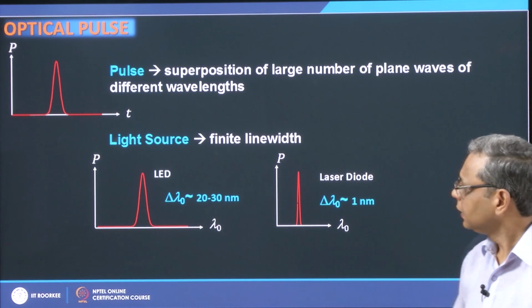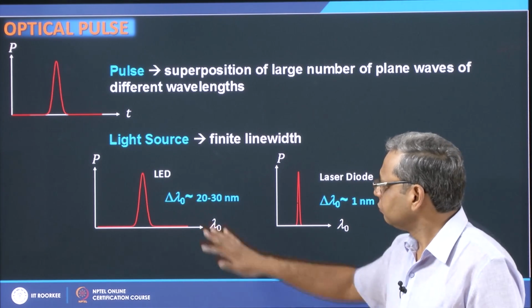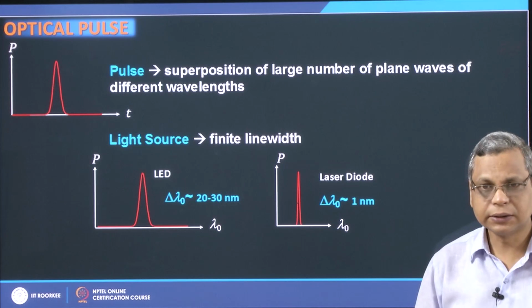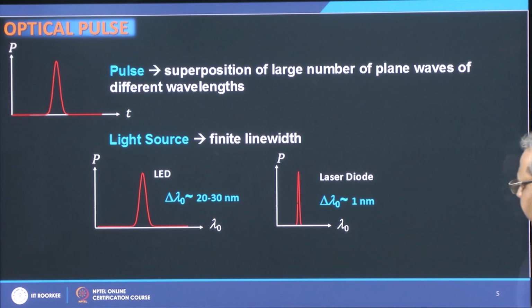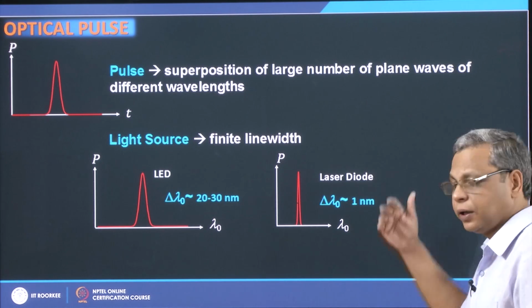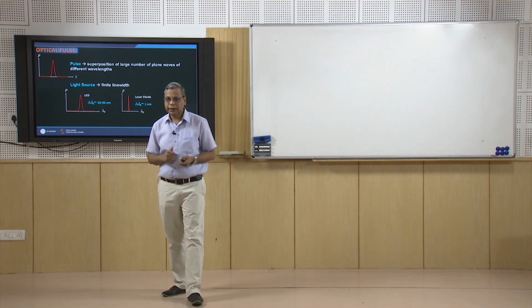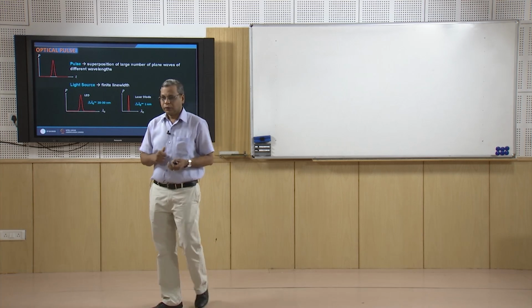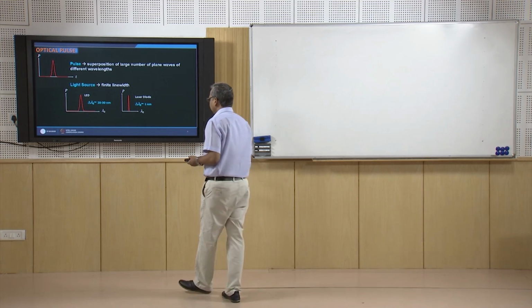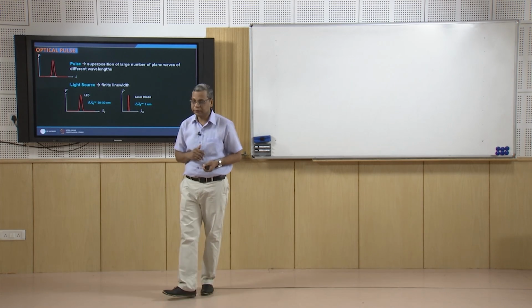For example, an LED has a typical line width of 20 to 30 nanometers, while a laser diode, although it is highly monochromatic, also has a certain line width. Its line width can be of the order of a nanometer, and if it is a very good laser source, then it can be 0.1 nanometers or so, but it has a certain line width.